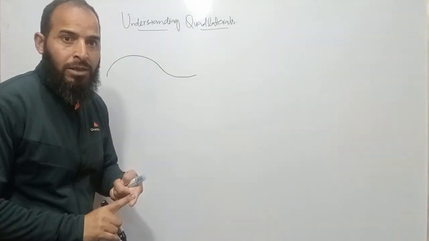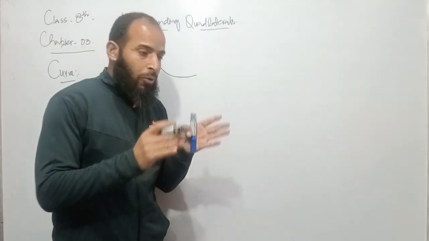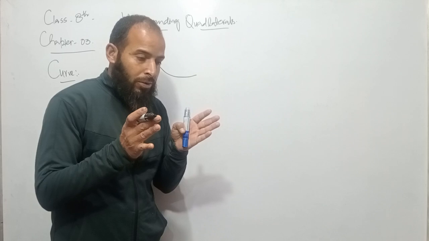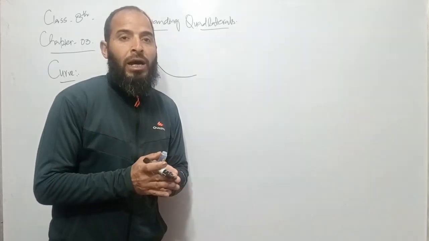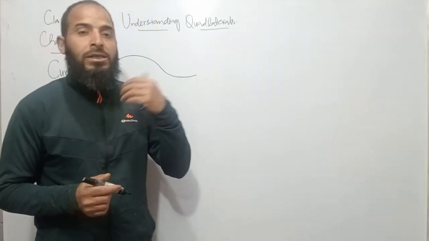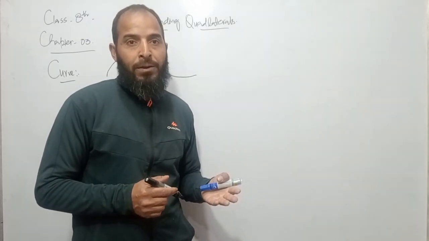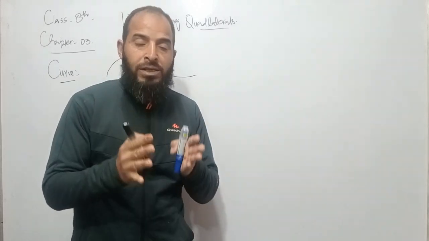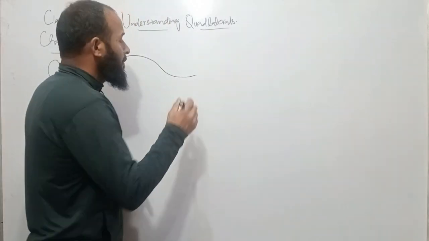Locus means path of a point. एक point की ये path होती है जो ऐसे मूव करता है, that moves in such a way so that it does not have a fixed direction.